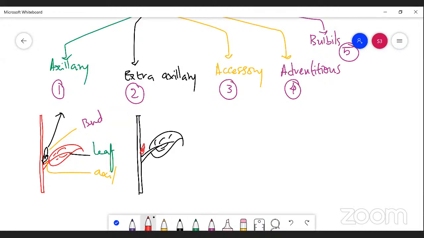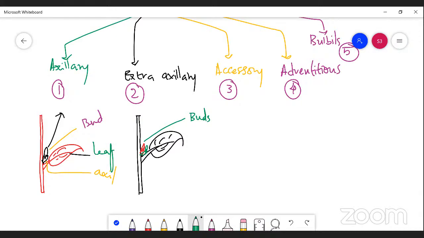Here you can see one more bud. Many buds are growing.